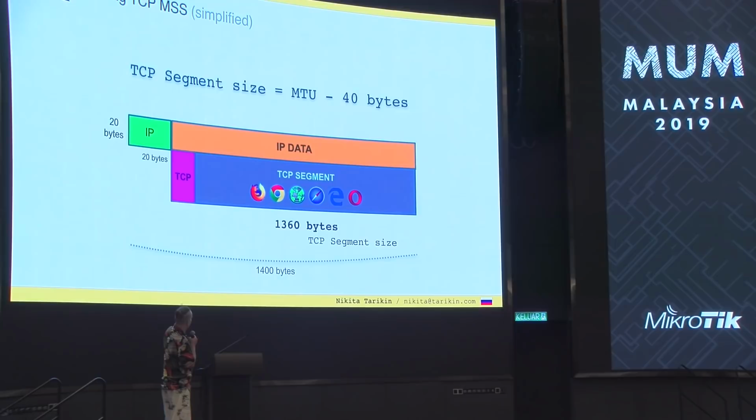Inside TCP, it's all your layer 5 payload. It's always MTU minus 40 bytes.